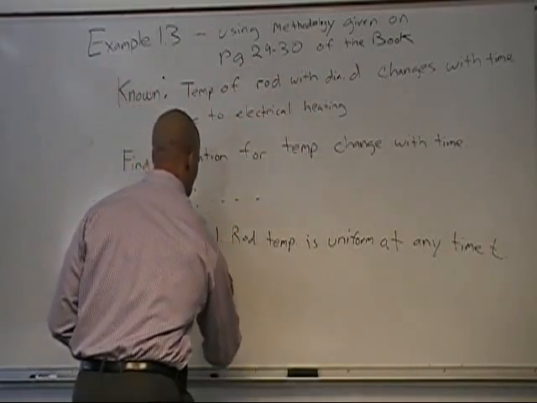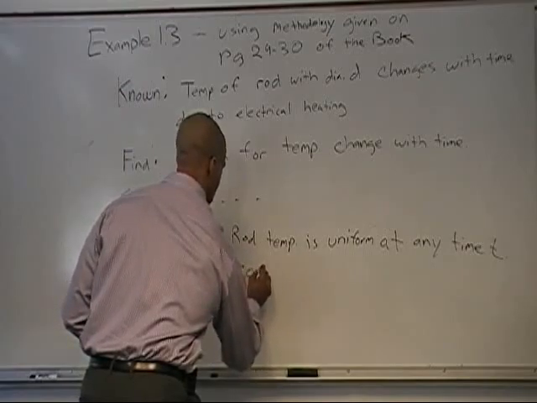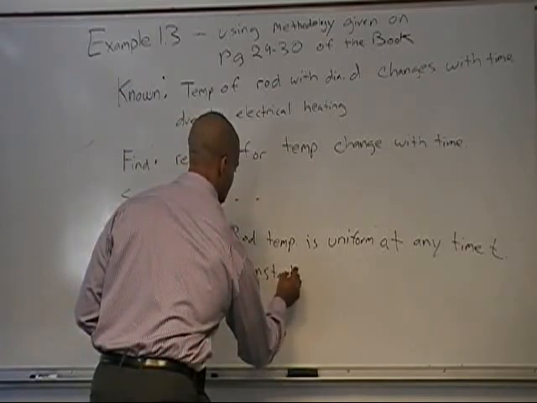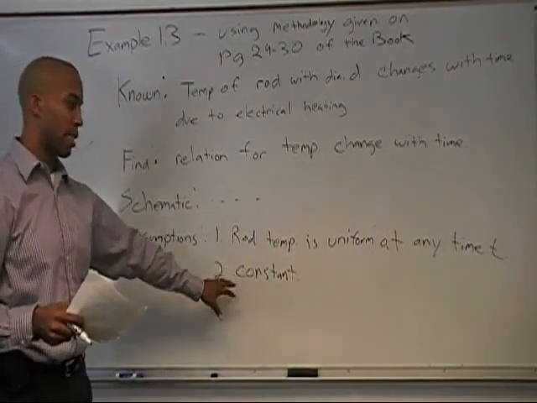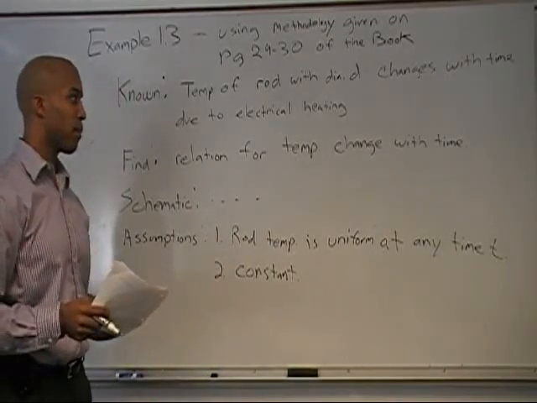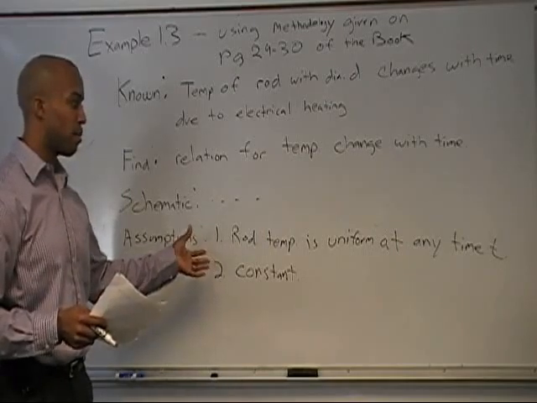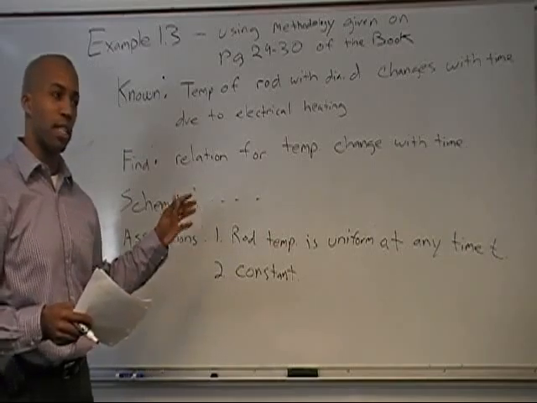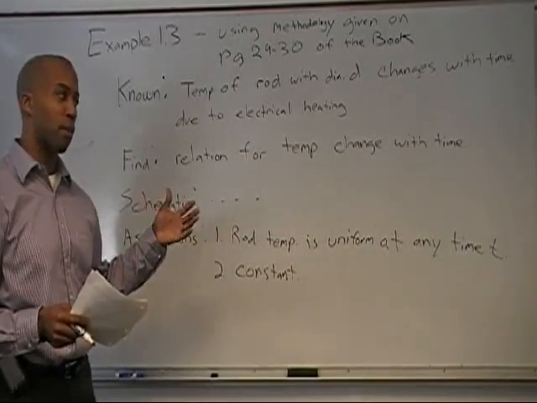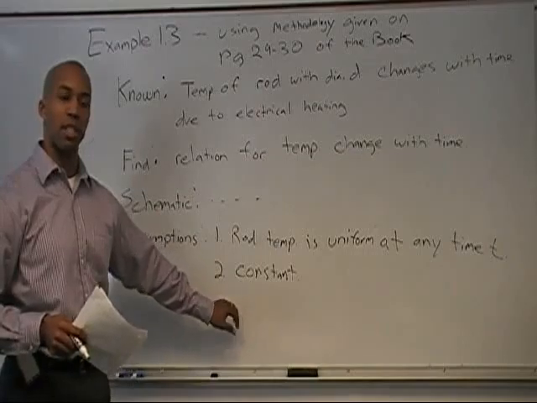Number 2, that the properties are constant. And we make this assumption because properties in this problem probably could have a weak temperature dependence, but within the range of the problem, it's good to make this assumption that they're constant.